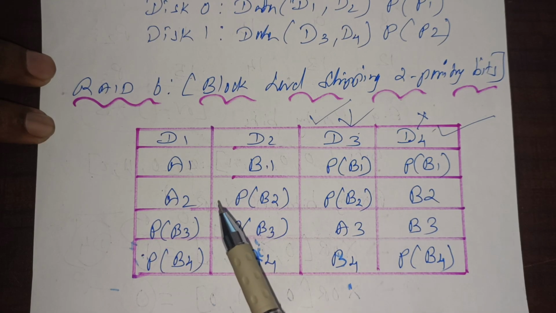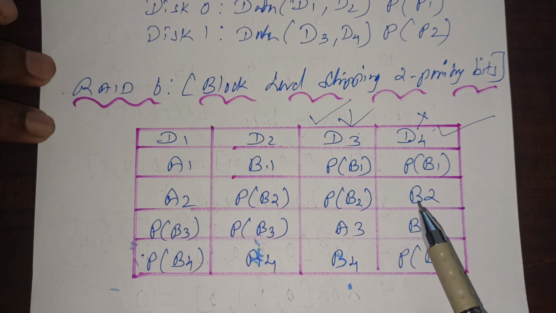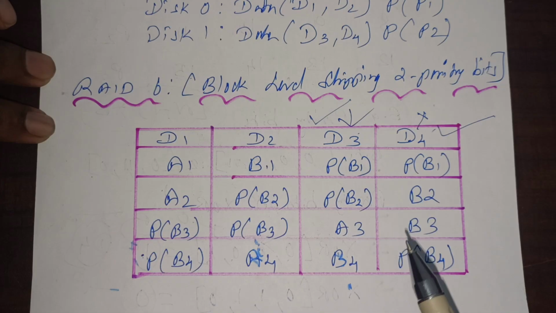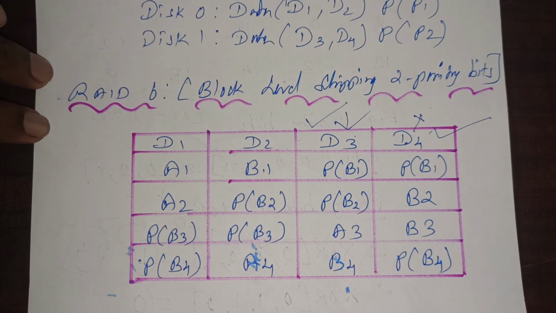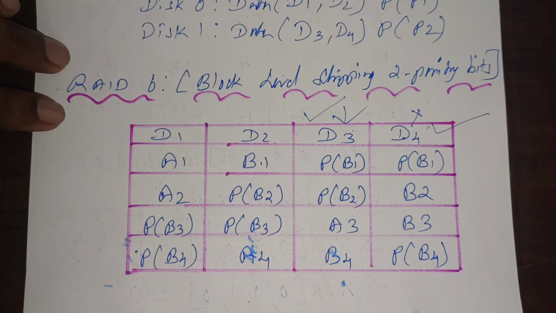Here the added parity calculation can impact performance. That is all okay, but it is reliable for critical systems with larger arrays. So it is none other than having 2 parity bits for one particular data.